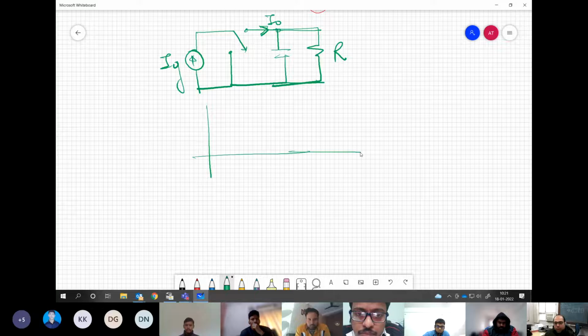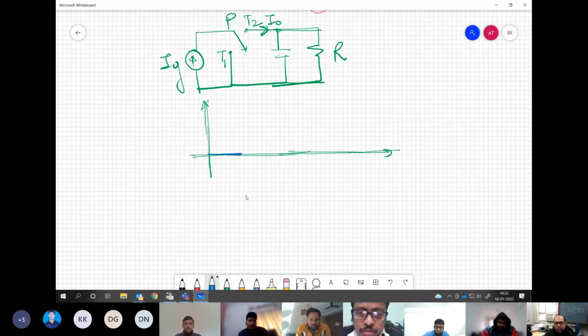Now if I ask you to draw this I naught with respect to time, we are connecting PT1 and PT2 one by one. When we connect PT1, what will happen? The current flowing into the load will be 0. Is that correct? And when we connect PT2, there will be Ig amount of current flowing into the load.